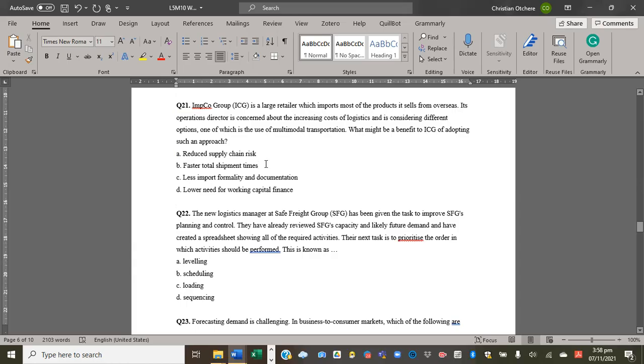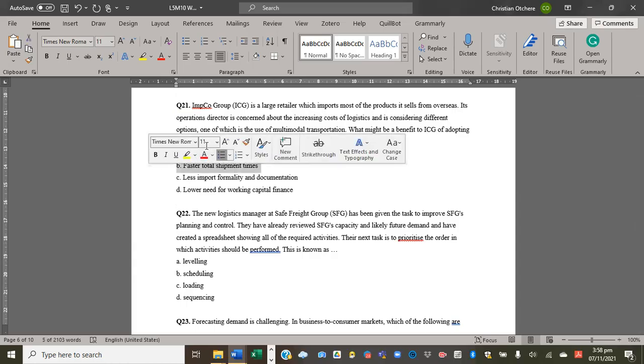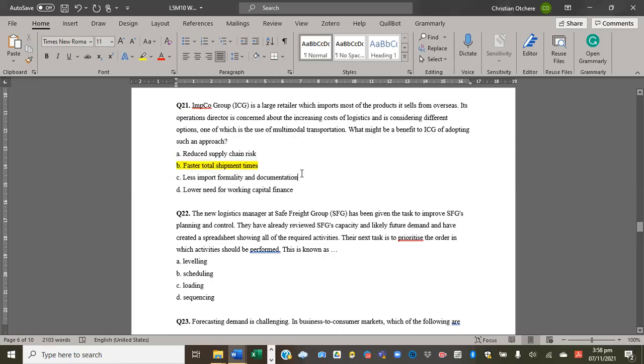So I remember, less import formality and documentation, faster total shipments. Yes, like Sarah mentioned. But this person we looked at, they were asking of direct benefit.